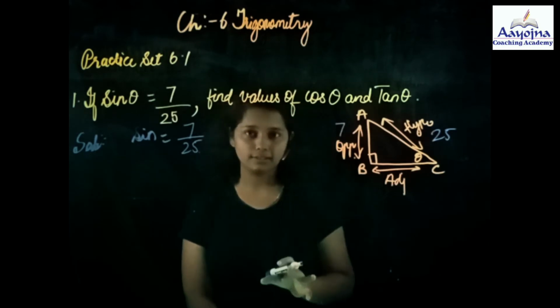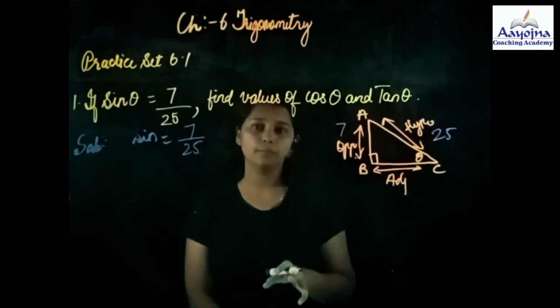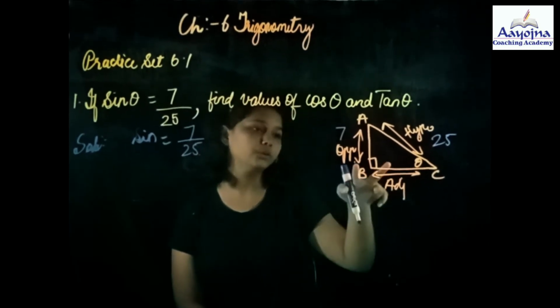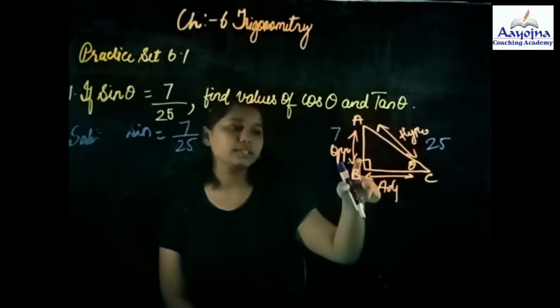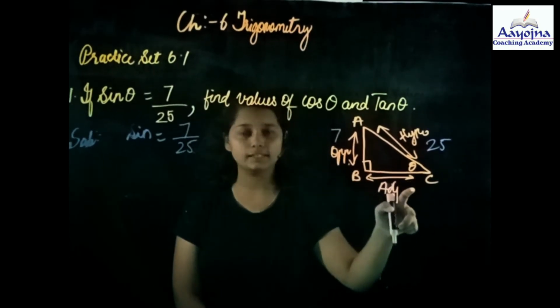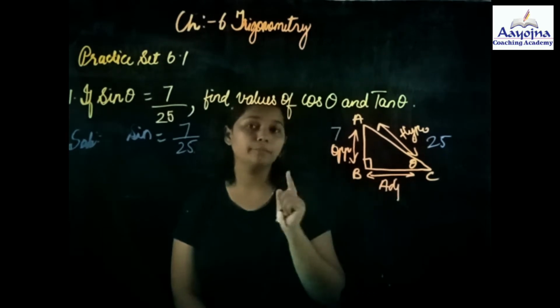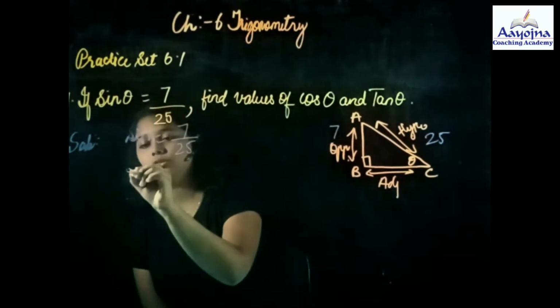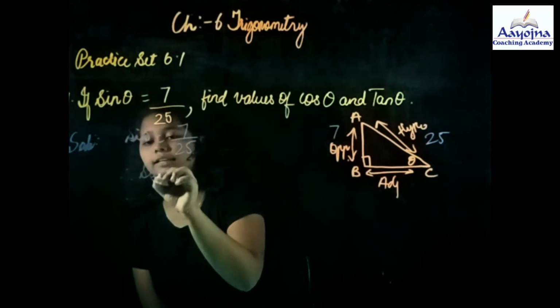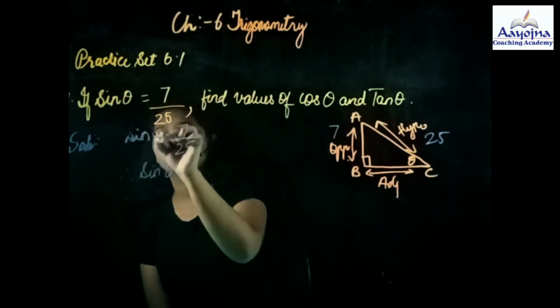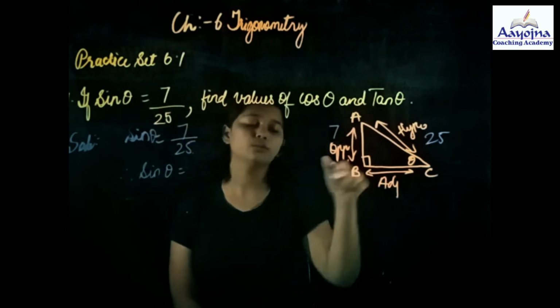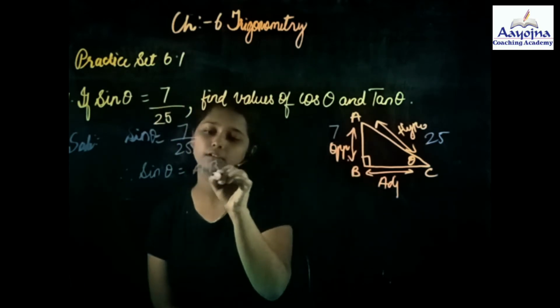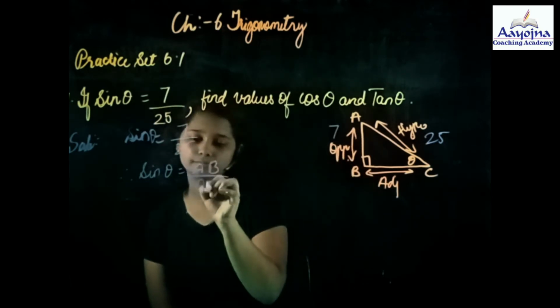Now this K method we do using the Pythagoras theorem. Here you can see that we've got the hypotenuse and the opposite side. One side is left, that is the adjacent side. So using Pythagoras theorem we will solve this side. Therefore sine theta is equal to AB upon AC.